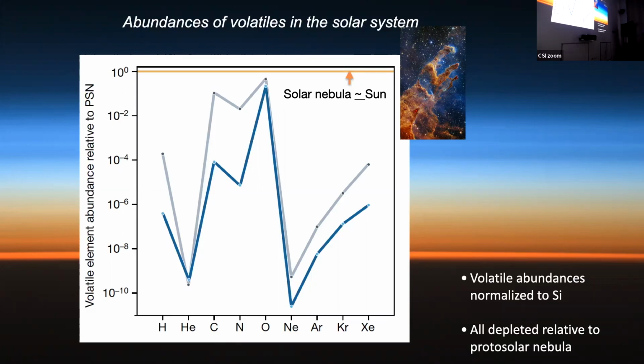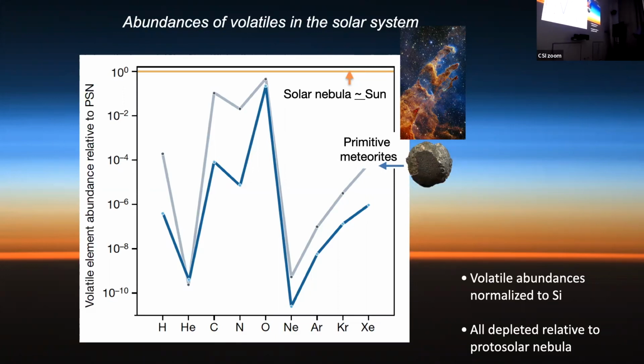So normalization means the solar nebula is one by definition here. And here are plotted the different objects and reservoirs that we can find in the solar system.